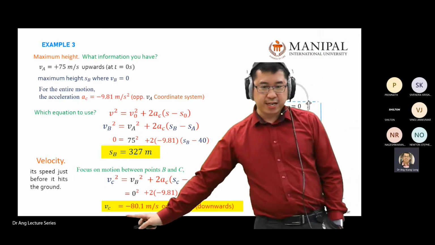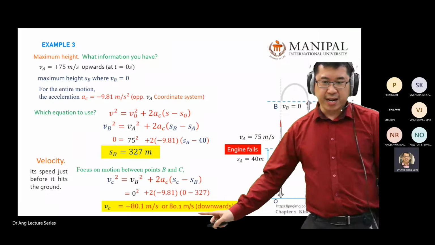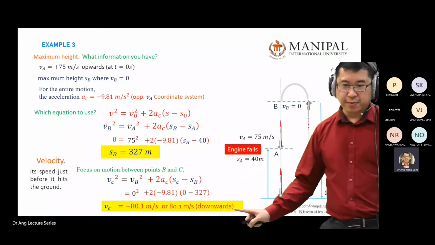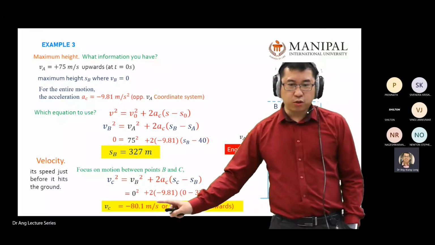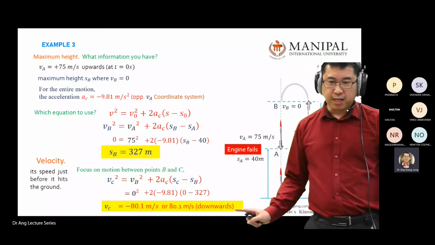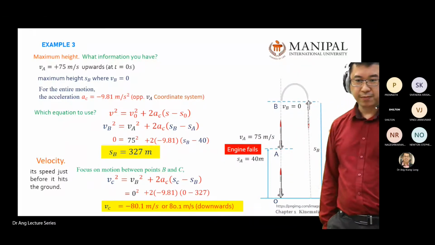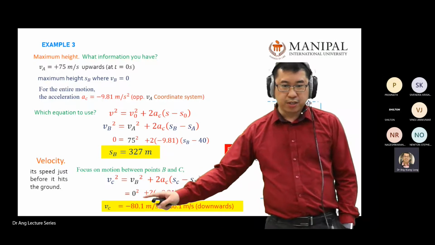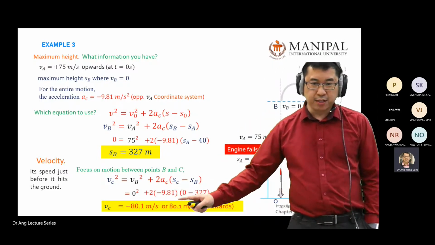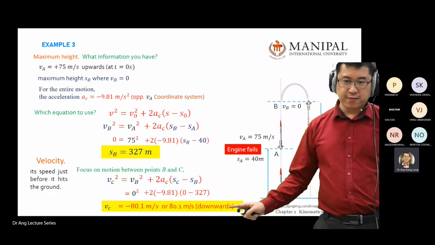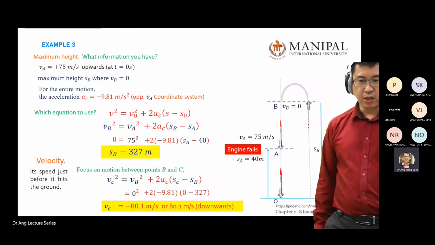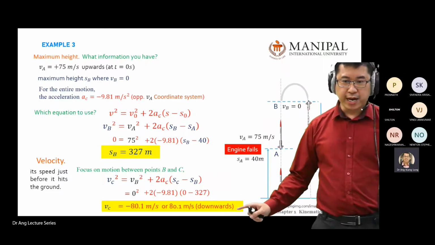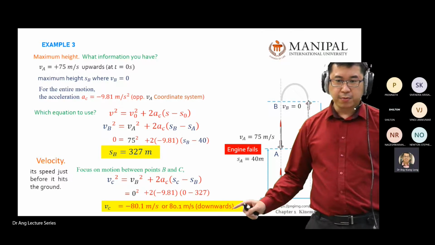This one and this one. If you change the negative sign to positive, give the direction. Or you can just draw arrow down, positive.